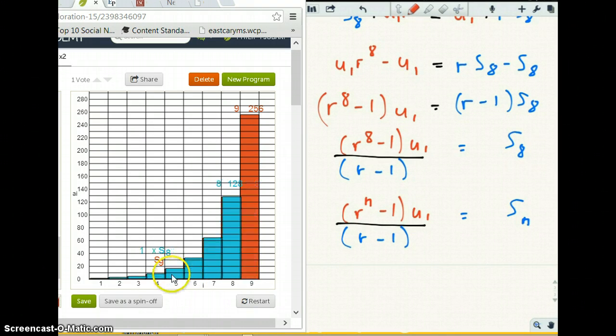And because of that, you can cover it in two different ways, and when you cover it in two different ways, you can set up an equality which eliminates a lot of extra variables. So now you can see, whenever you have a geometric sequence drawn out graphically, why it can be summed with this simple equation.